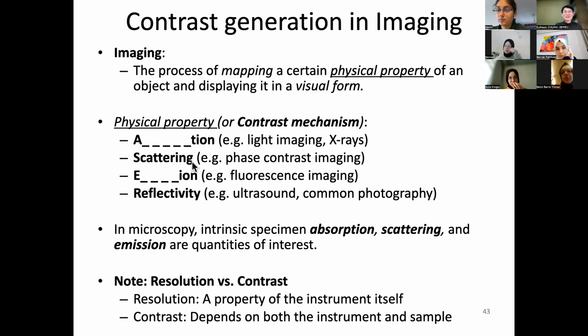I didn't show you fluorescence imaging, which is very popular for advanced microscopy with the specific molecules or proteins you are interested in. And that's coming from emission of light.